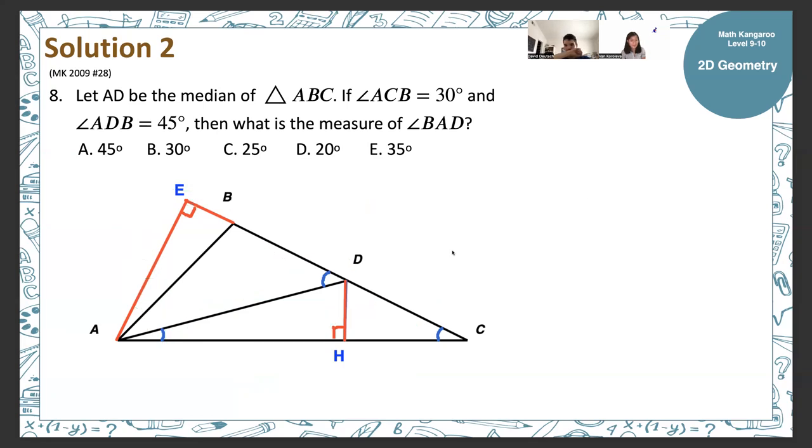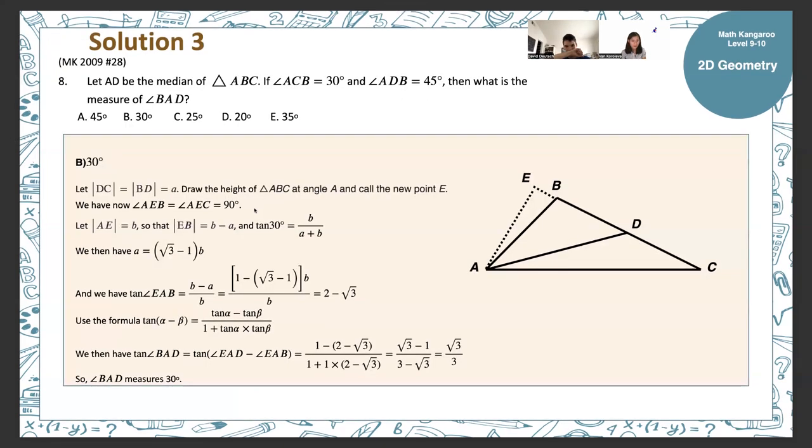And lastly, we have the solution using trigonometry over here. Last time we had the formula using the tangent of the sum, and here's the tangent of the difference, pretty much the same formula, just different sides here and here.